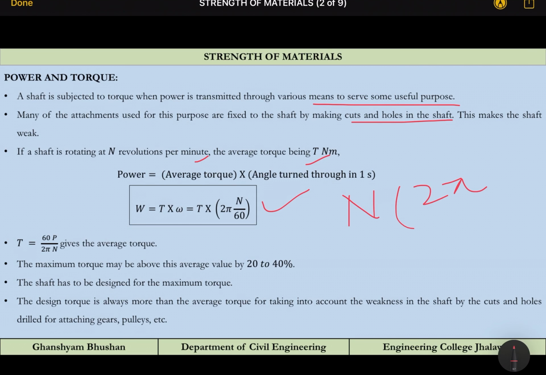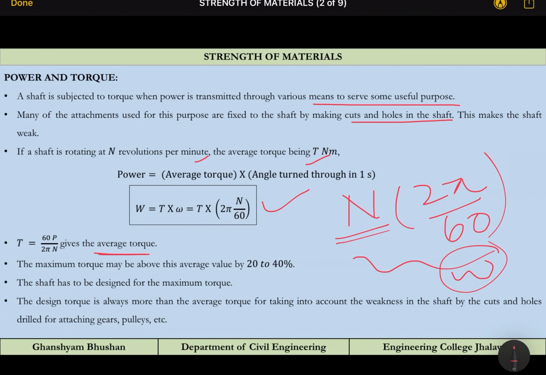If we are moving with n rpm, it will rotate by 2 pi n by 60 in one second. So T will be multiplied by 2 pi n by 60, and this is nothing but omega, the angular velocity. So T, which is 60 P by 2 pi n, gives the average torque.